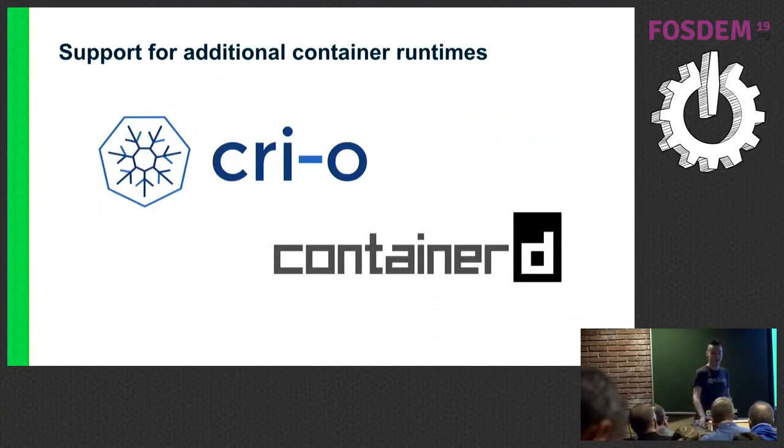There is also support for additional container runtimes in Cilium. Last year Cilium was only supporting, for example, Kubernetes clusters with Docker, and now Cilium is able to work with CRI-O and Containerd also.